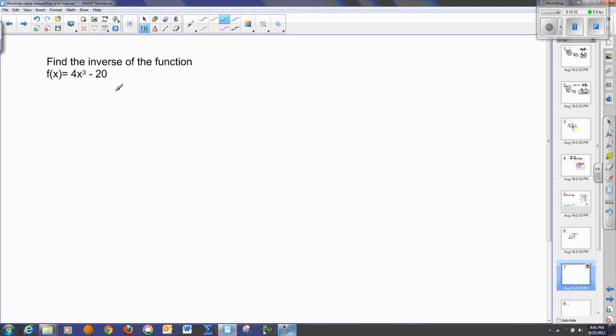Again, I consider this one a little bit on the easier side. Switch the x's and the y's. Remember, f of x is just y. So I say x equals 4y cubed minus 20. Add the 20 to both sides.